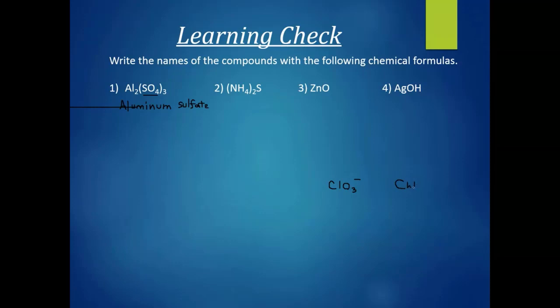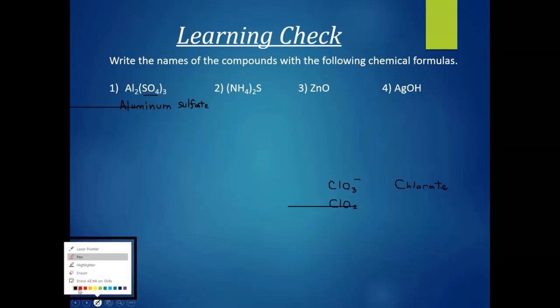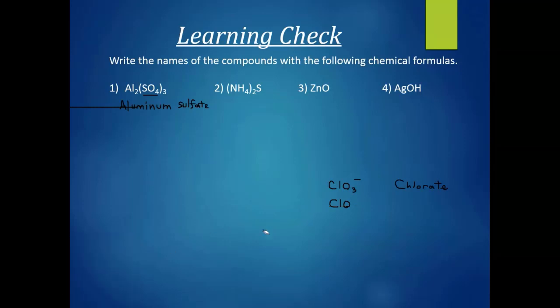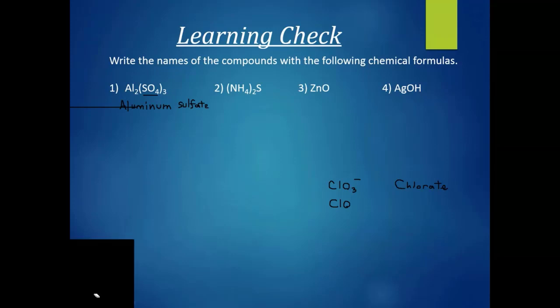But here's the chlorate. Okay, so here's the deal. If there are different oxyanion derivations, sometimes an oxyanion can have more or fewer oxygens than you might expect. The most common oxidation state for chlorate gets that ATE ending, and that's ClO3 minus.